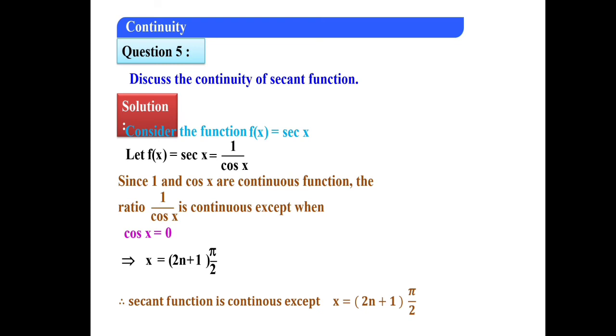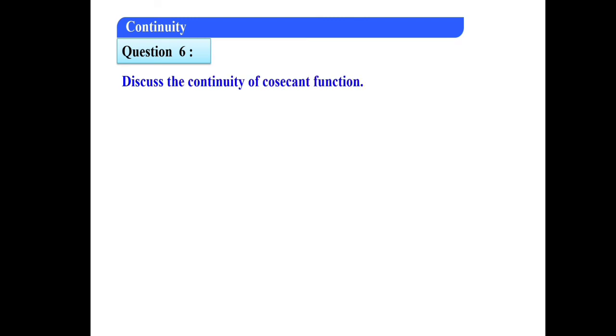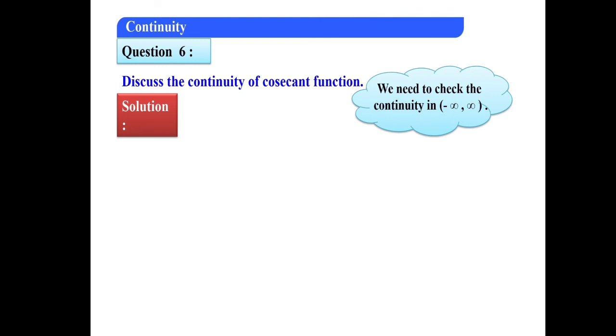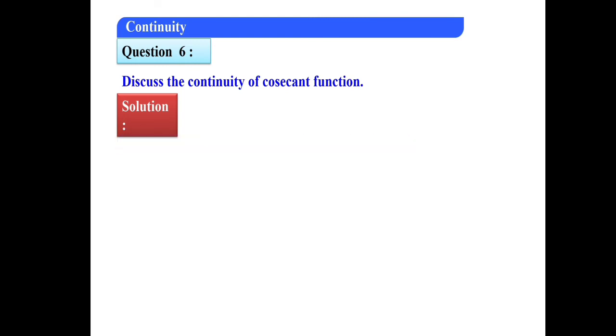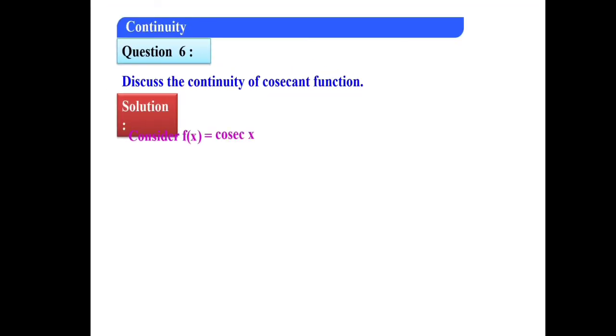Okay, so next we move to the next example, that is the cosecant function. It is the same way. First we consider f of x as cosecant x, and it is written as 1 upon sin x.